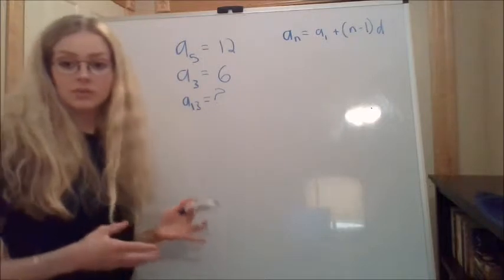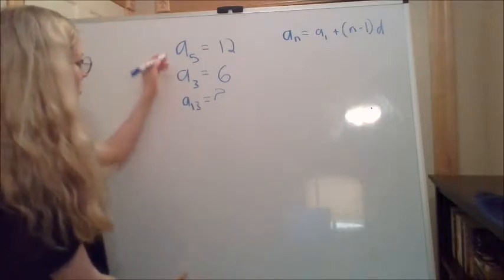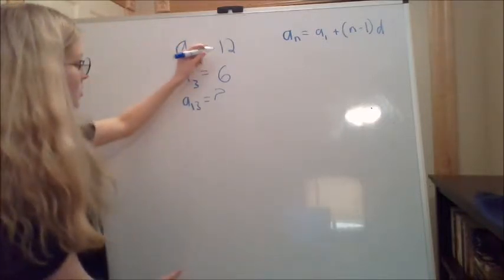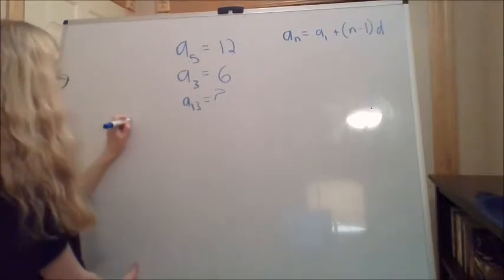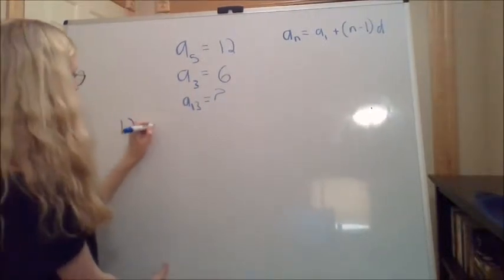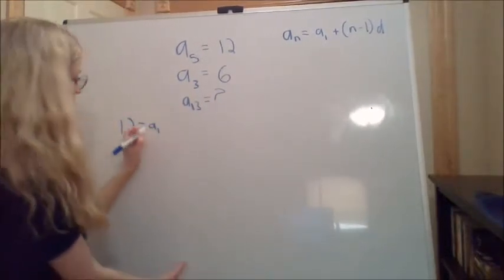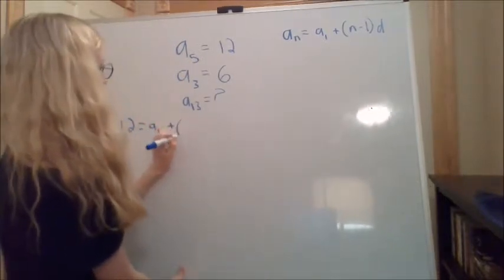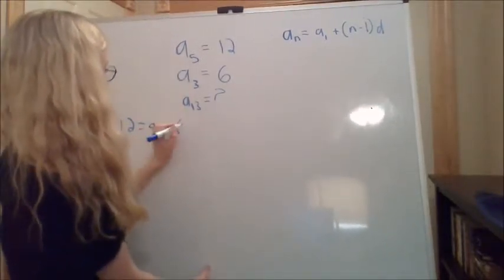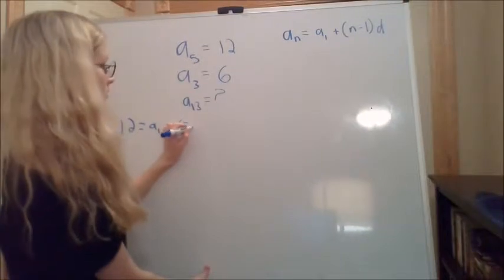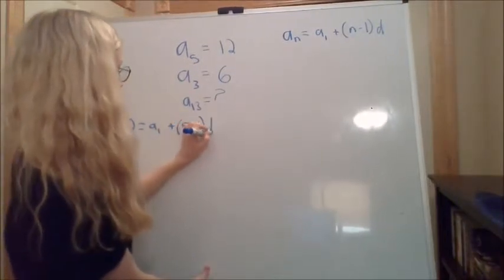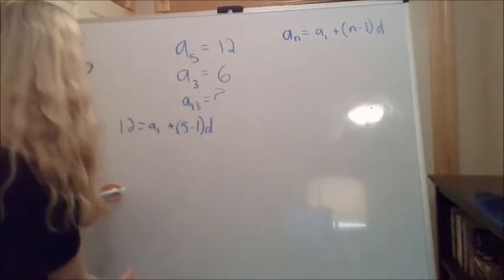And so starting with this piece of information, we know that for the fact that the 5th term equals 12, we can say that 12 equals a sub 1, we don't exactly know a sub 1, plus 5, which is n in this case, so 5 minus 1 times our difference between each term.